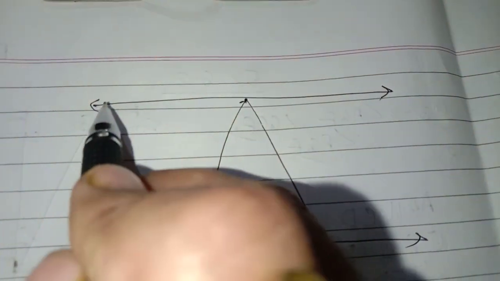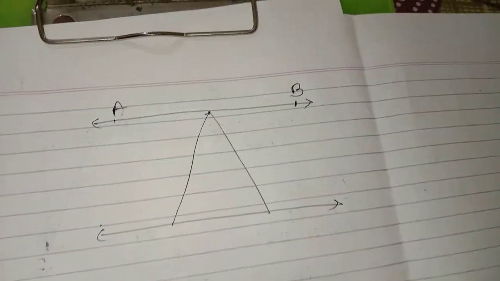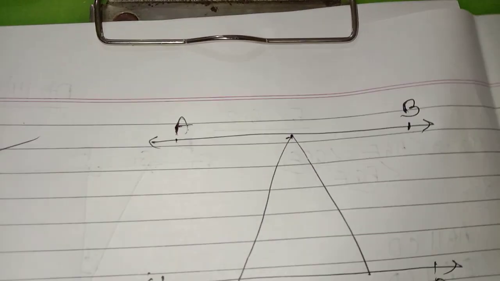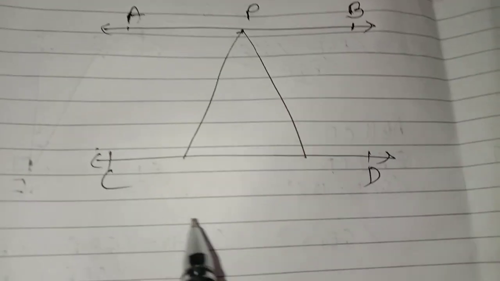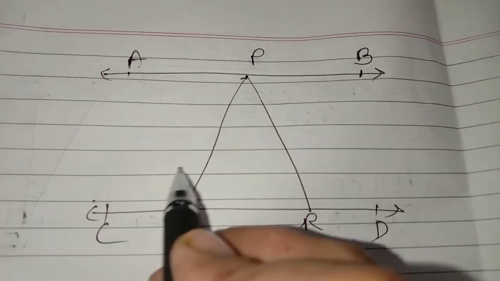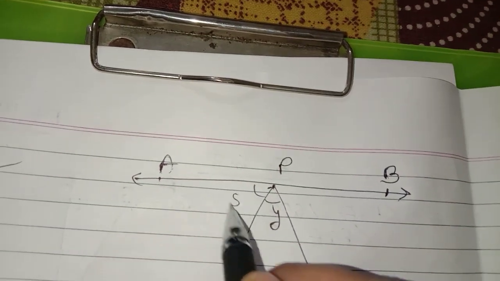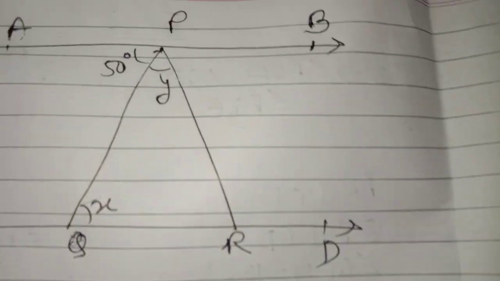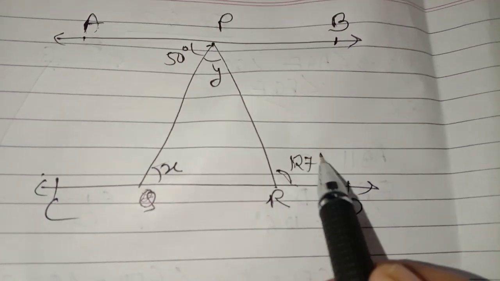So it is A, B, C, D. And then you'll find a triangle is formed here, P, Q and R. This angle is given as X, Y, 50, and PRD is also given as 127 degrees.